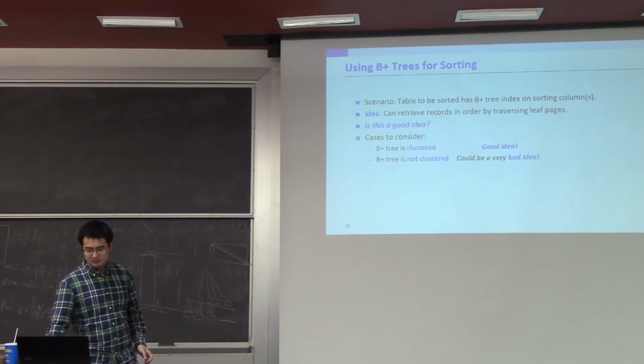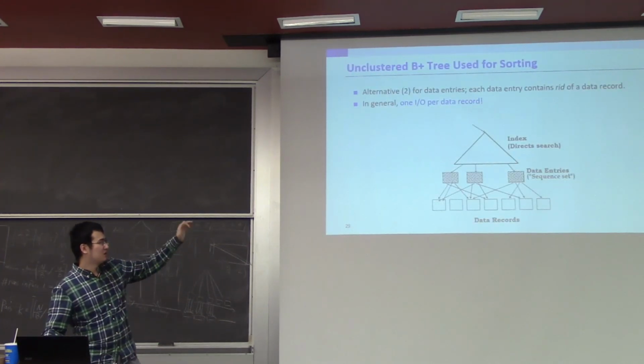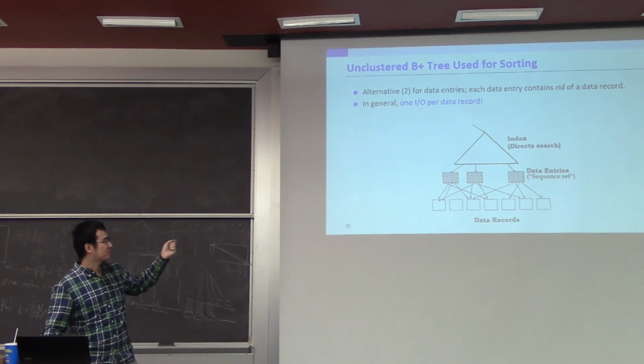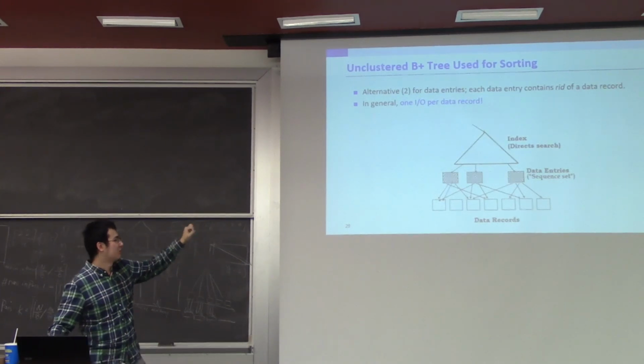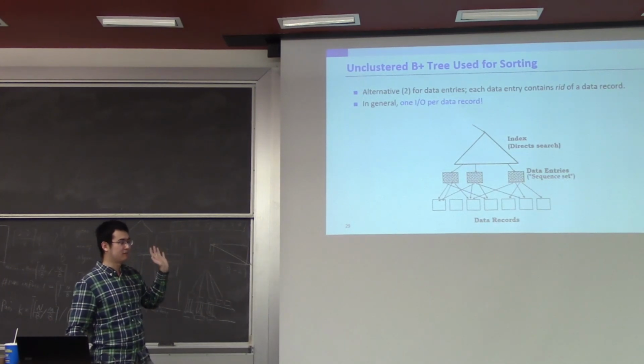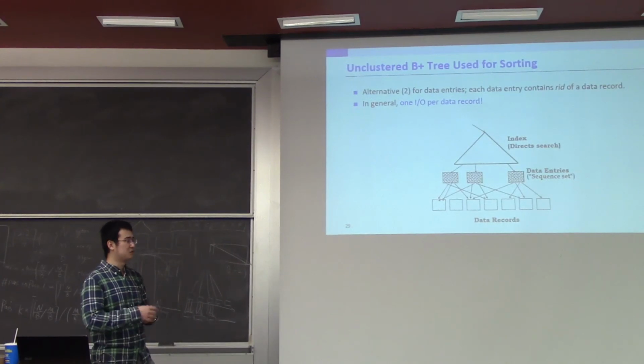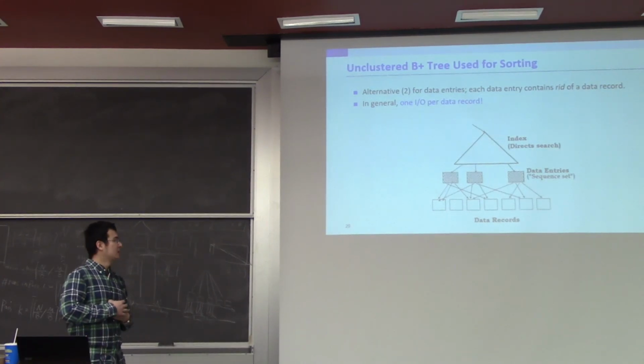Okay, but for an unclustered index, it might be a very bad idea, because the RIDs in the data entries can be scattered around the whole heap file. So this way, you need to really do one I/O per fetch of the tuple.